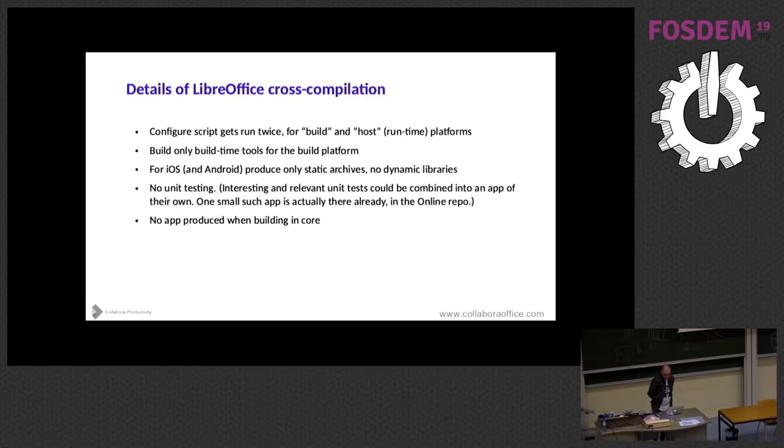And when cross-compiling for iOS or Android, we don't build any dynamic libraries as we do for the desktop platforms, but only static archives. The main reason for this originally was that on iOS you were not allowed to even load your own dynamic libraries.